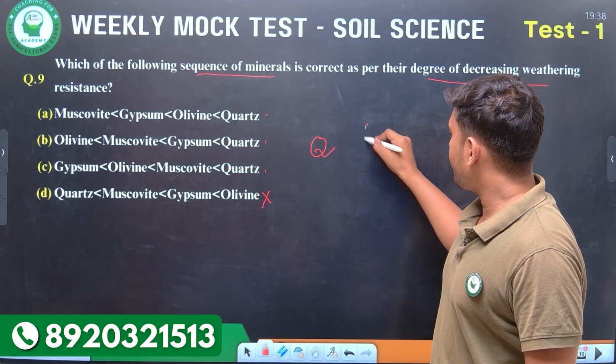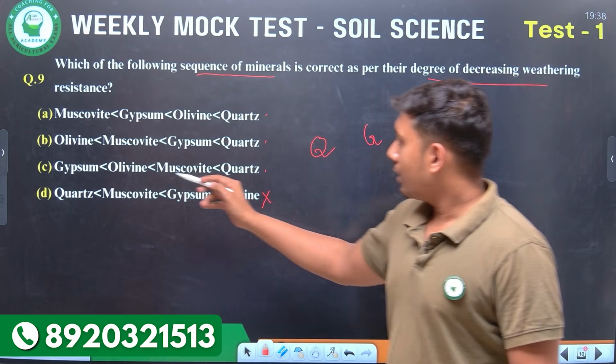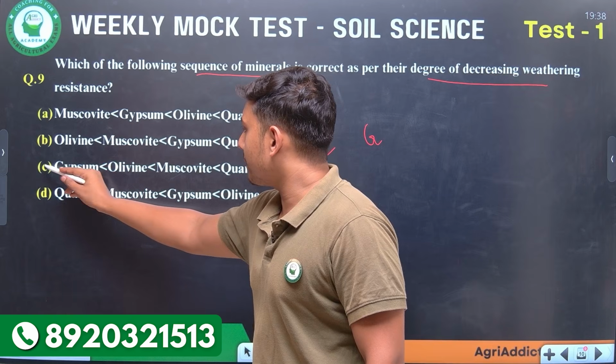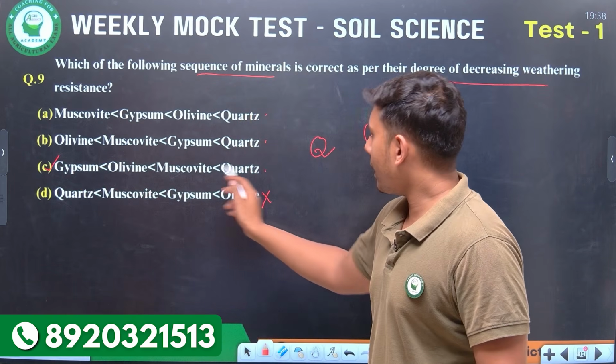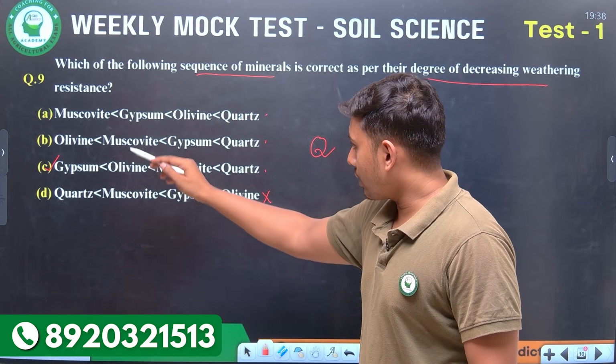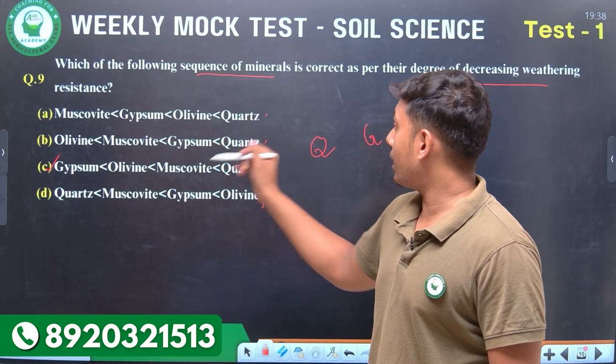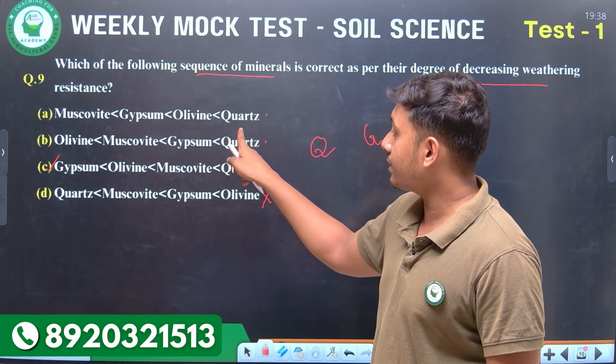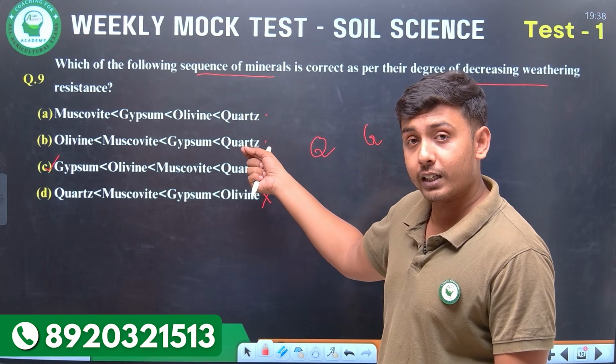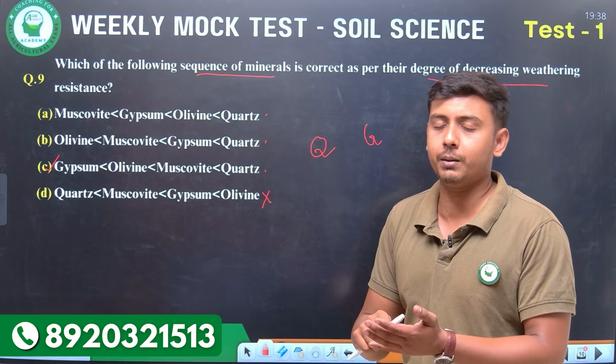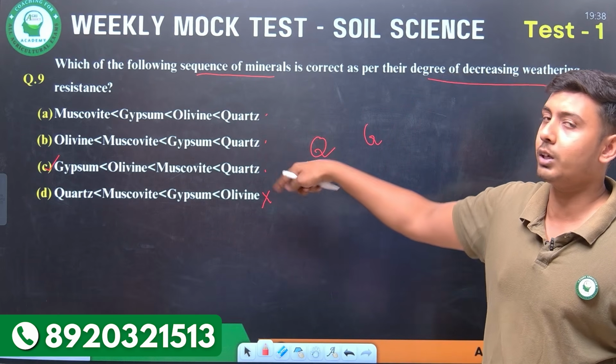We know that gypsum is least resistant. So in those three options, gypsum is here. So here also, without even knowing the total sequence, we can easily identify the answer. But you have to obviously remember the sequence, because every time this trick will not work.